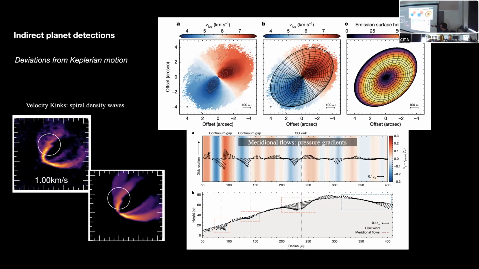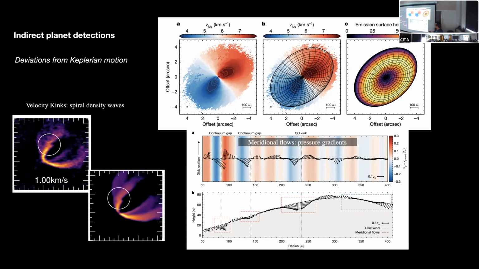So what you can do here, this is a line emission. You're tracing the rotation. You have the line of sight rotation. You can take isorotation curves, like if it were only Keplerian, azimuthally average that, or see the departures from any sort of Keplerian flow.